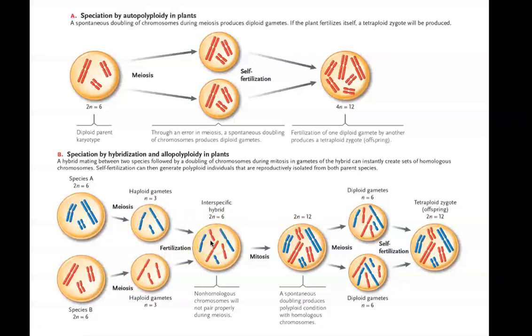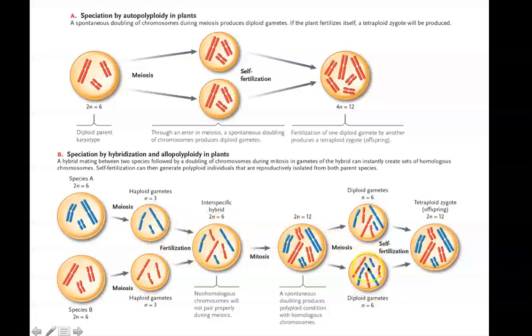All right? But because these chromosomes are from two different species, it causes problems in mitosis. So as this zygote undergoes mitosis, it ends up making cells that have 12 chromosomes in them. So it picks up additional chromosomes in the hybrid. Then when that hybrid produces gametes, its gametes now have 6 chromosomes each, which is greater than the original number of 3.